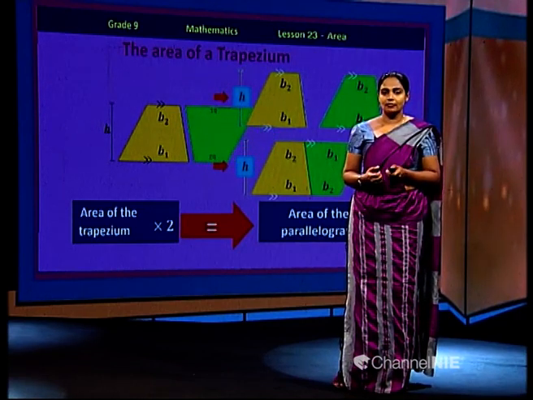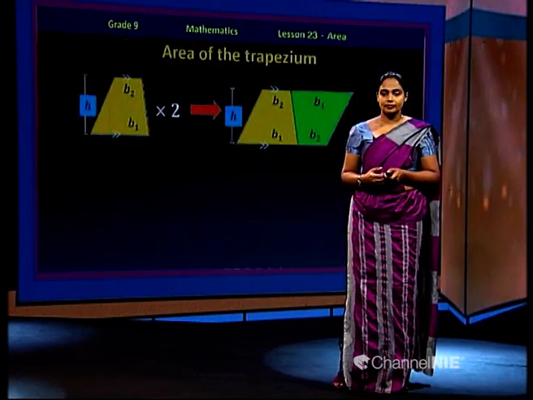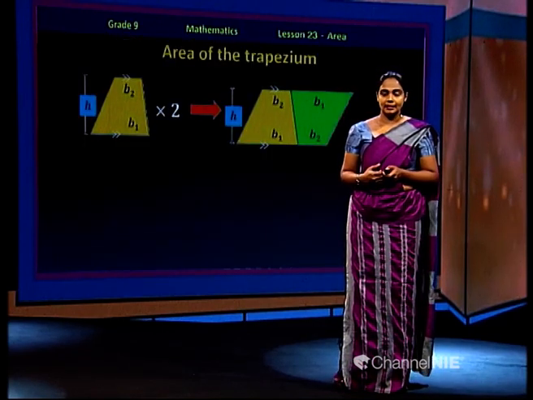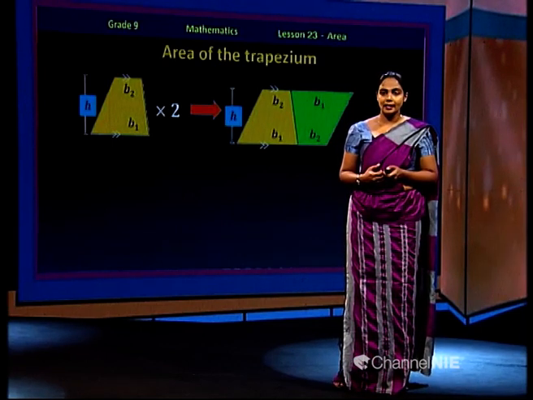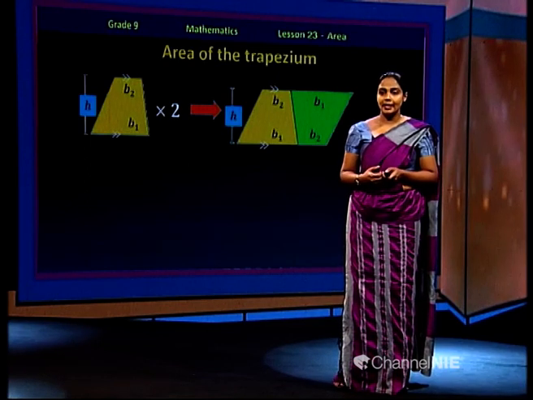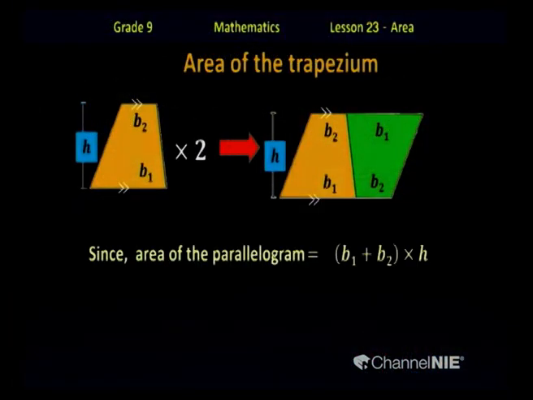Now what is this one? Next, there is the activity. You multiply the area of the trapezium by 2, then we obtain the parallelogram. Since the area of the parallelogram equals base times height, why are we writing the base as b1 plus b2?